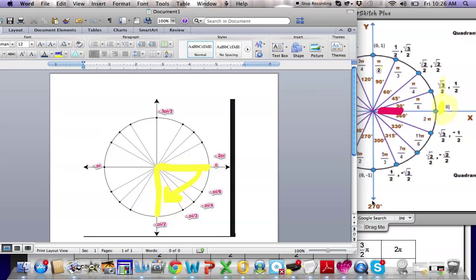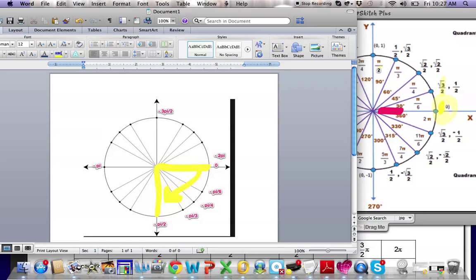They're in the same location. So their cosine and sine values will be the same. But you just need to make sure that you notice that a negative is in the opposite direction, okay? So it does change some of the values. Again, you can check all of these on your calculator, but to get the exact values, we use our unit circle.